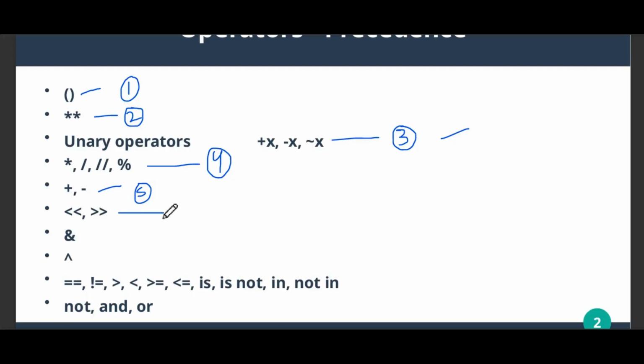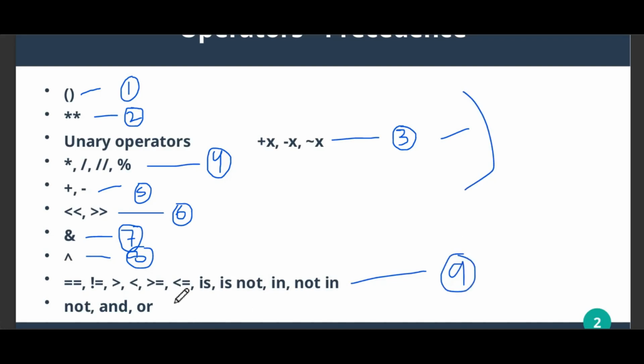Then we have left shift and right shift operations. Then we have the bitwise AND operator. Then we have the bitwise OR operator. And then we have the comparison operators: equals to, not equals to, greater than, less than equals to, greater than equals to. Those should all be performed after all these operations, so they should be placed at 9.